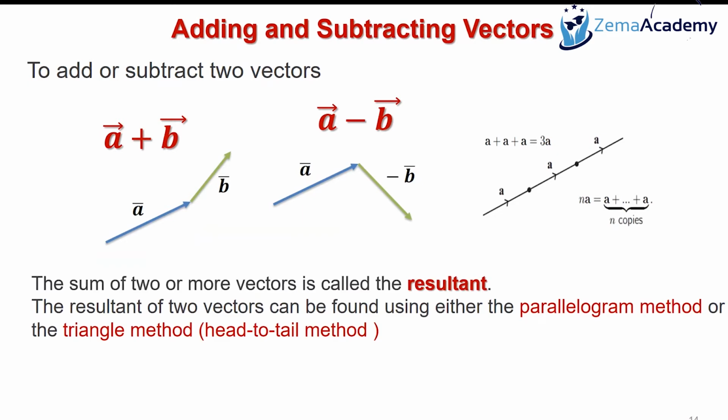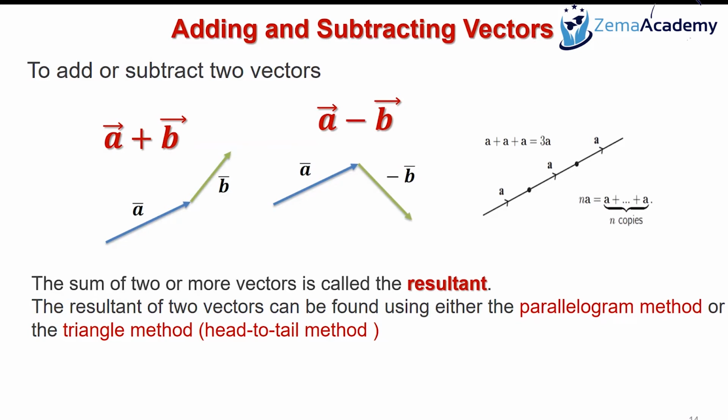Adding and subtracting vectors is very easy. The only thing that needs to be taken care of is to look at the direction of the vectors. On the screen, you can see three different examples. In the first case, you see a vector A, and where vector A ends, there is another vector B. If you are asked to add the two vectors, you can add the vector A value with the vector B value, and you will get the sum of the two vectors.